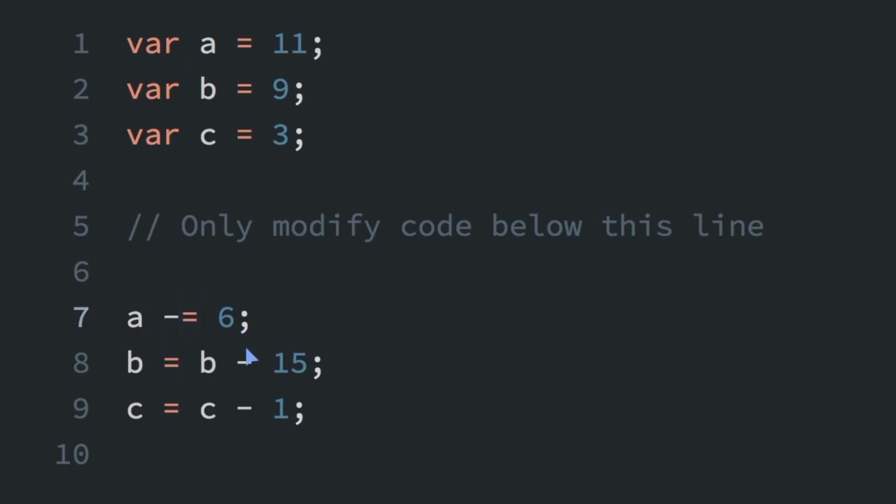That means a equals a minus 6, but it's just shortened. Same here, so we can do -= 15. c equals c minus 1, we can do c -= 1. So it just subtracts the number from the original value and then assigns that new value to the variable.